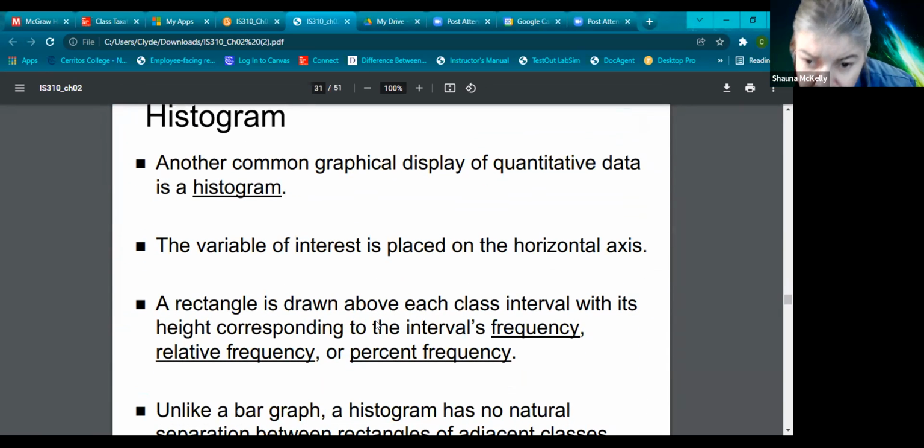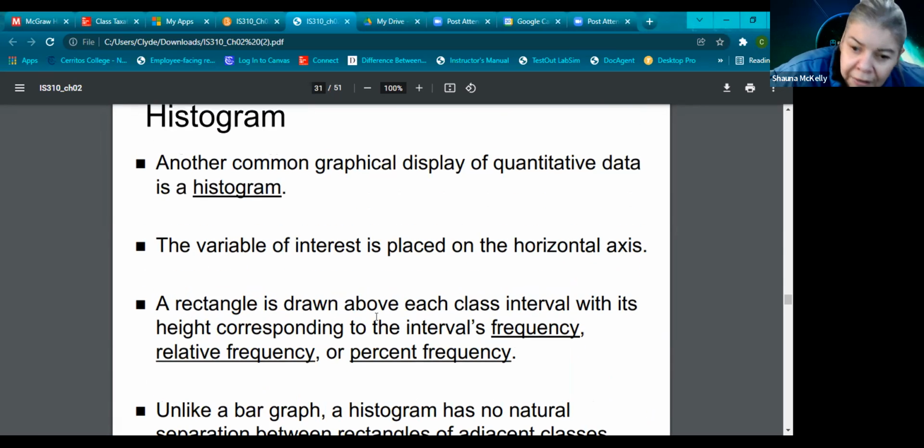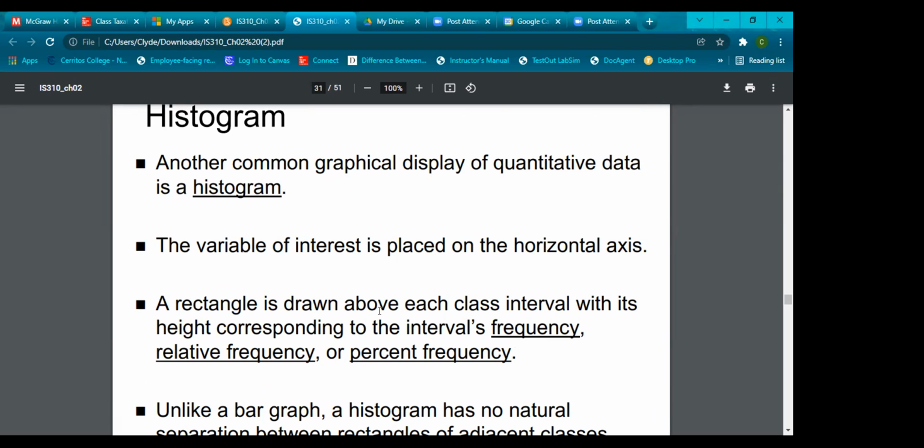Then we're going to go with a histogram. These are the ones that have rectangles that touch each other. They're kind of like bar graphs, except that the bars usually touch each other unless you have a class where there are no values.